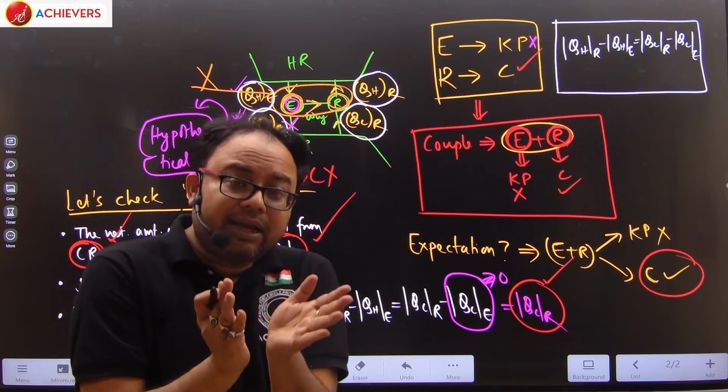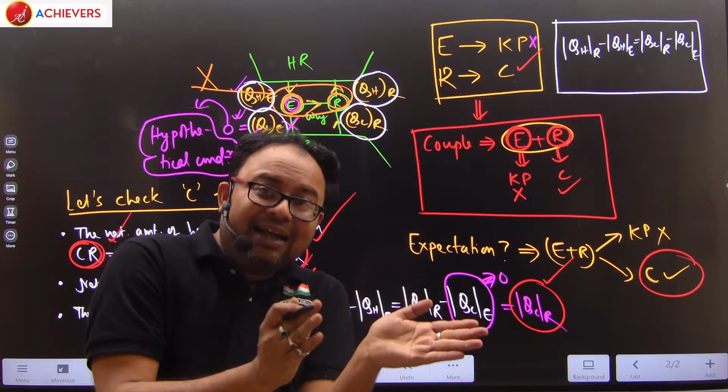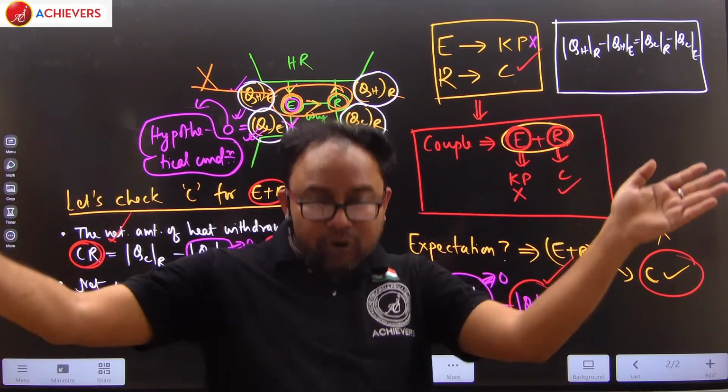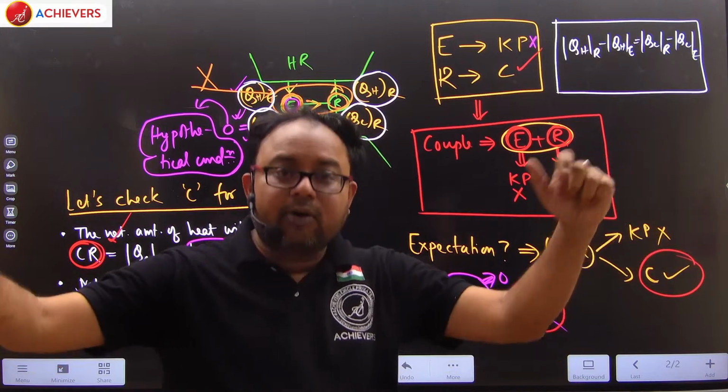Apparently it was like Kp is being violated, but one member is following C, so the couple should violate Kp but follow C. But we are getting a contradictory result.